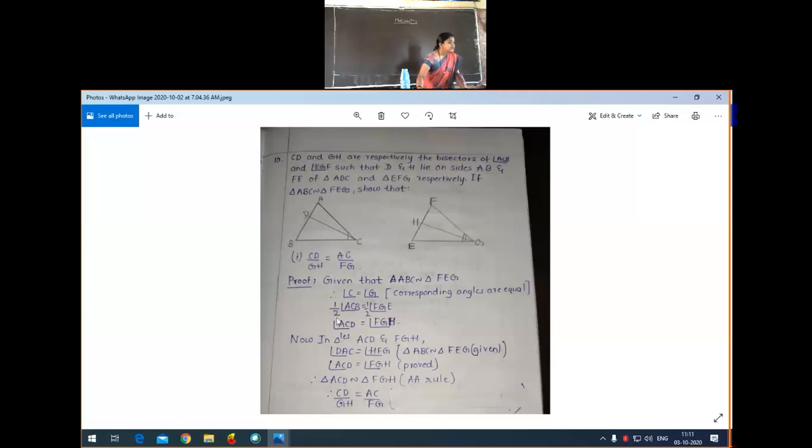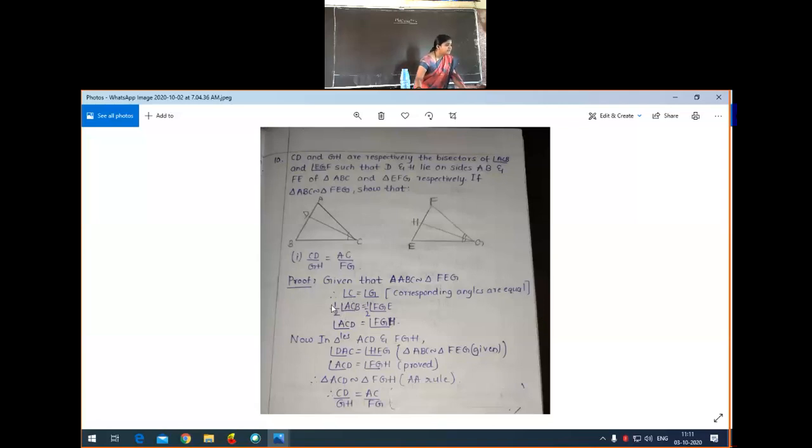Okay. So next, half of angle ACB is equal to half of angle FGE. I think many students got the idea of this step because in the 9th standard we repeatedly used this step whenever the word bisector is given in the problem. Bisector means which divides the angle into half.